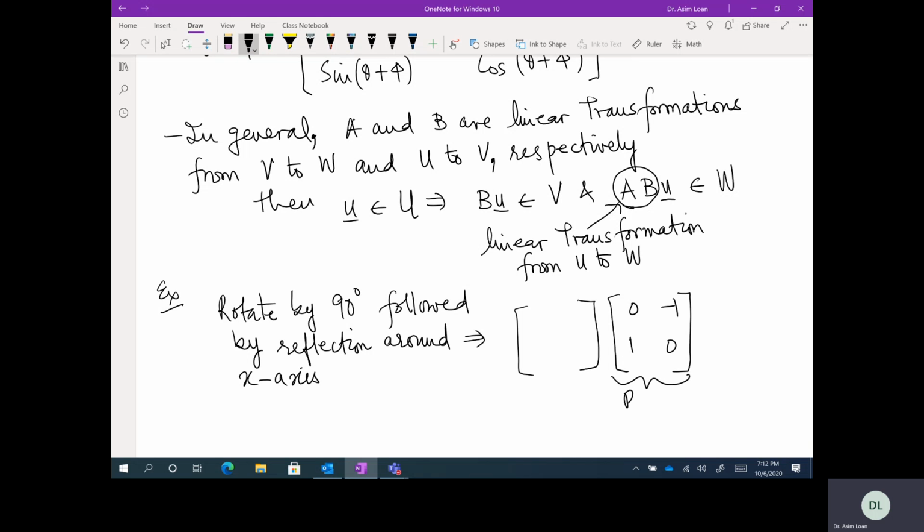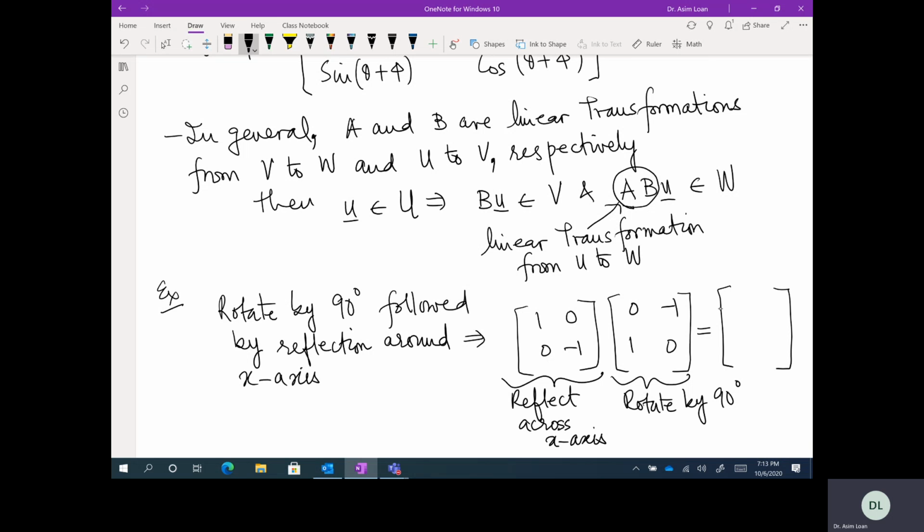So this is rotation by 90. This is reflect across the x-axis, and this will be 1, 0, 0, minus 1, which is simply equal to, first row 0, minus 1, because of the multiplication, and second row would be minus 1, 0.